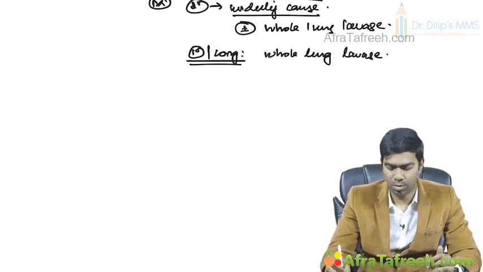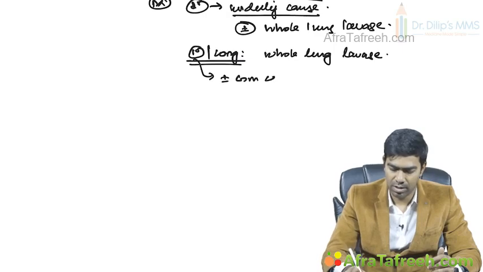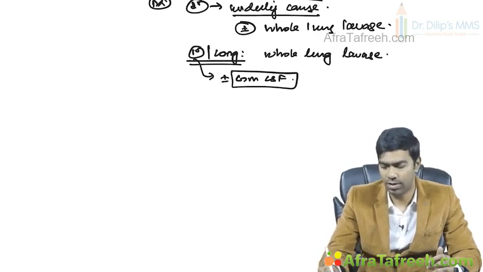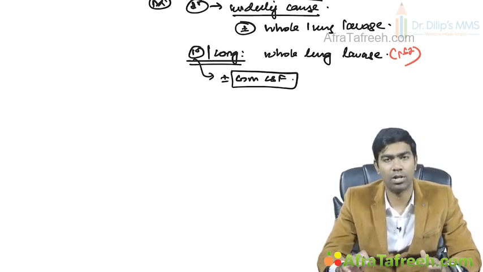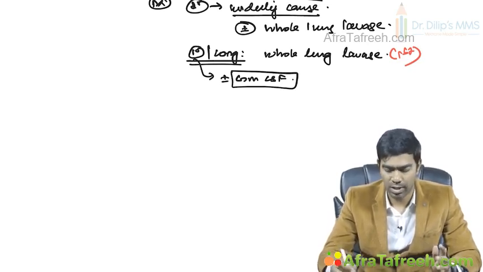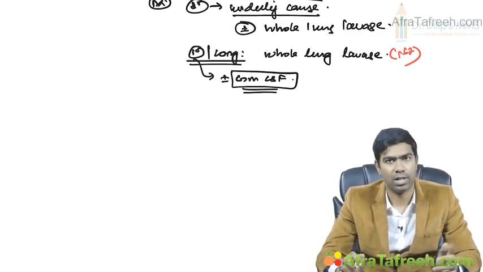That's it. If it's antibodies to GM-CSF, you can additionally add GM-CSF if there is no response to whole lung lavage. Remember, whole lung lavage is the first line treatment. In primary PAP where you have antibodies or some problem with GM-CSF, in those patients alone you can add GM-CSF if your whole lung lavage alone is not effective.